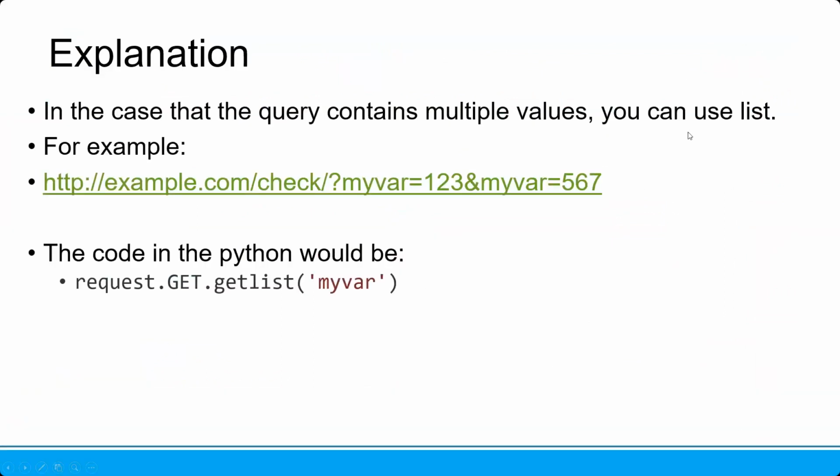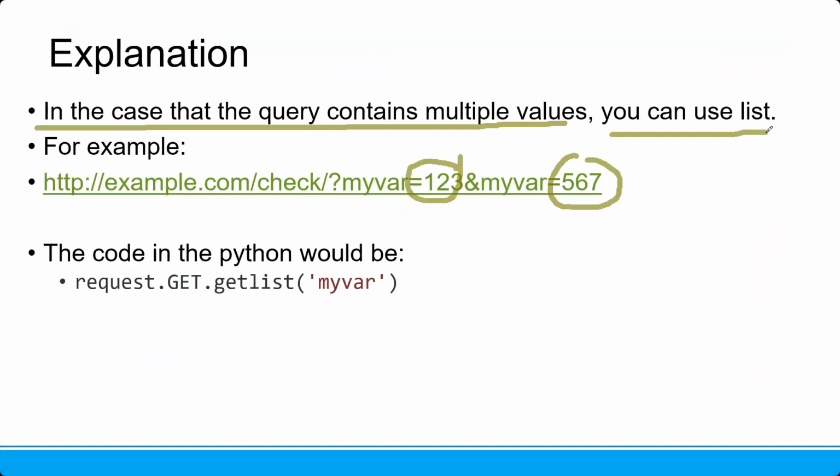So please remember that whenever you use the get, you will see all the information like this one. And you can also have the query with multiple values. For example, if you use a list in Python, you can see it in the list. So in the list, you can see something like myvar equals 1, 2, 3, and myvar equals 5, 6, 7.